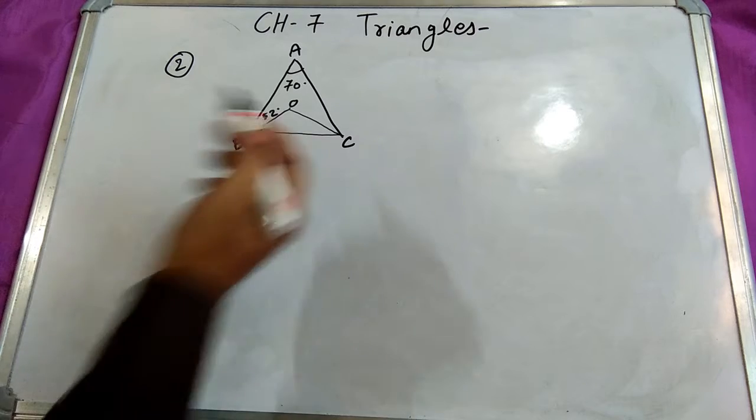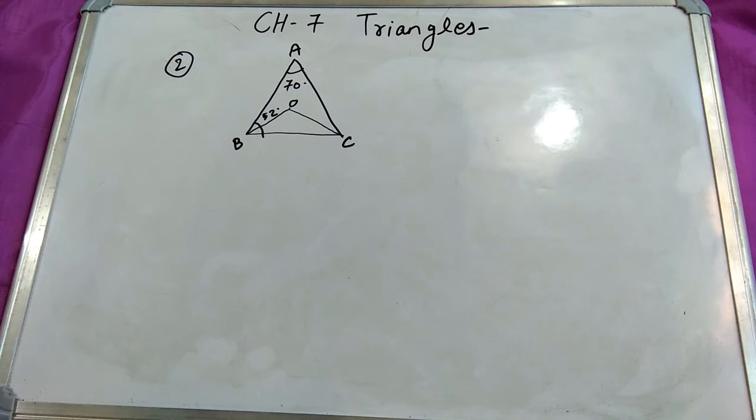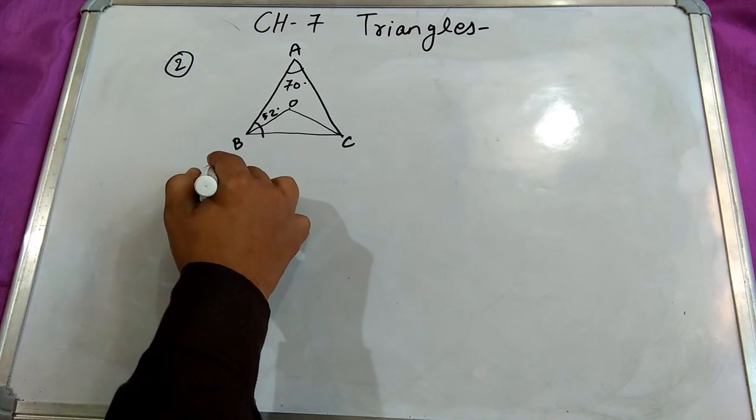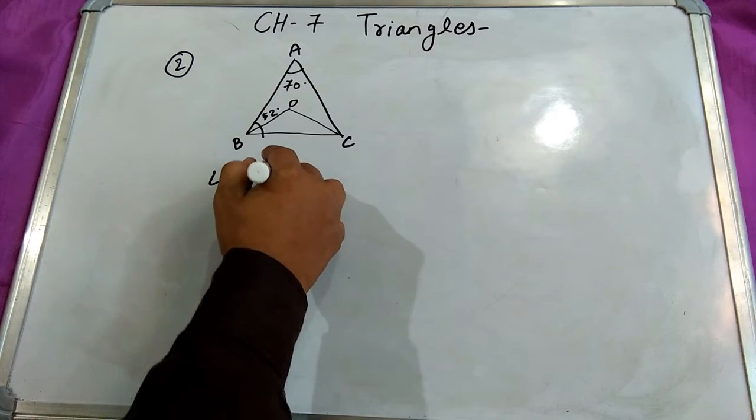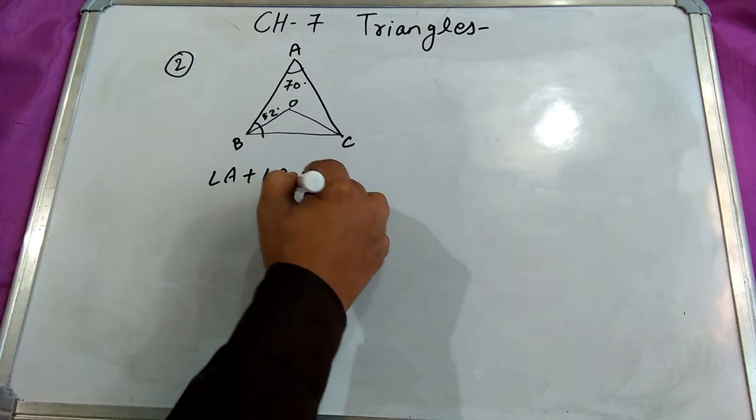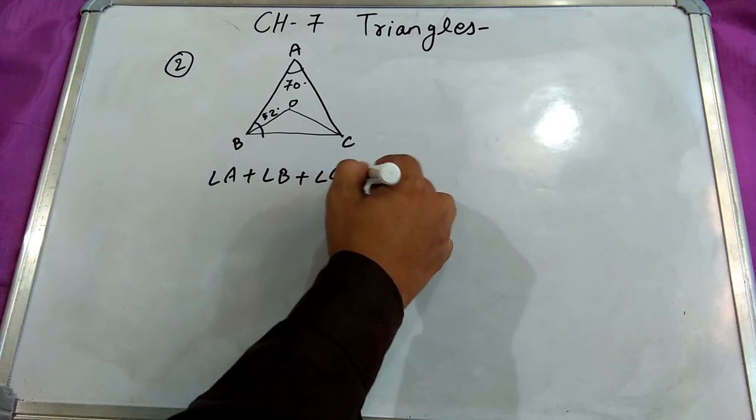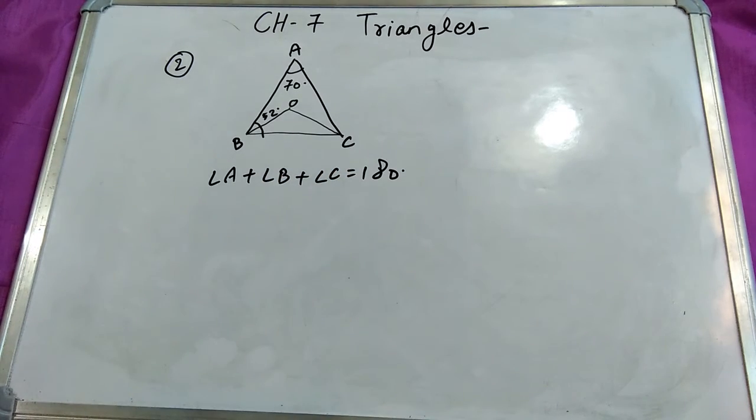So first of all we find the value of this. So we know that the sum of all angles of a triangle is 180, so by that property angle A plus angle B plus angle C equals 180.